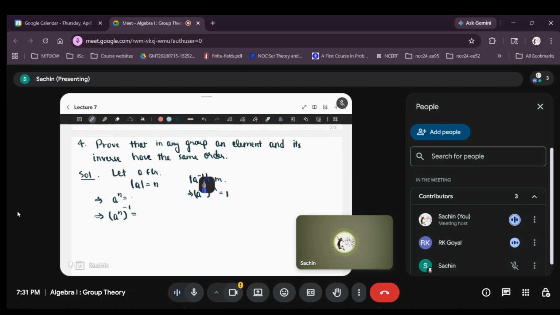I can write it as E. If B is equal to C, all properties of B are the same as all properties of C, right? That's what it means. A power n equal to E means that A power n inverse is also equal to E inverse. They're the same thing written in different ways.